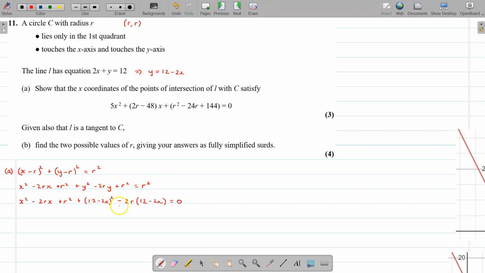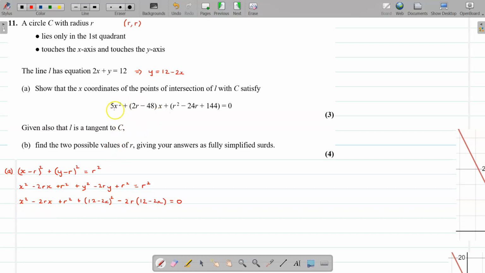Okay, so I've now removed the variable y, and I'm looking for an equation that contains r and x, so that's what I'm doing here. I'm trying to eliminate this y term, so I've done that now. Now I just need to hopefully get this to look like this. So let's see what happens.